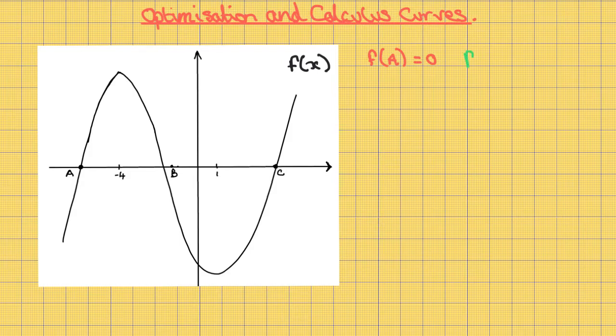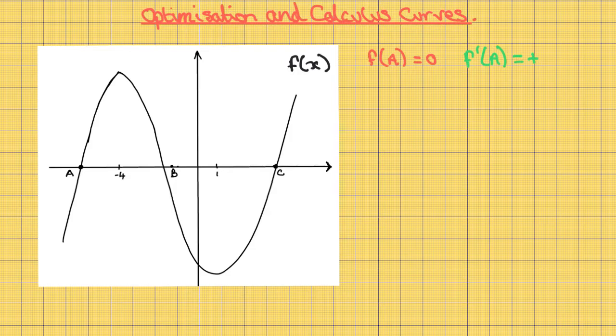So then f dash of A. Well, at that point, if you draw a tangent at A, you can clearly see that that tangent has a positive value. So the gradient at A is equal to a positive number. We don't know what that positive number is, but it is definitely positive.